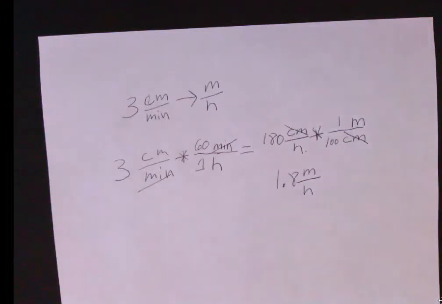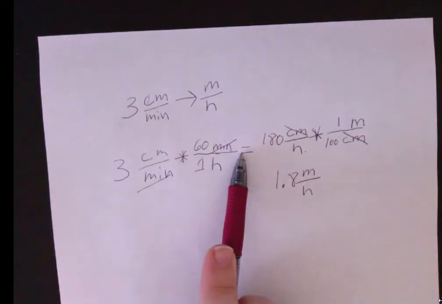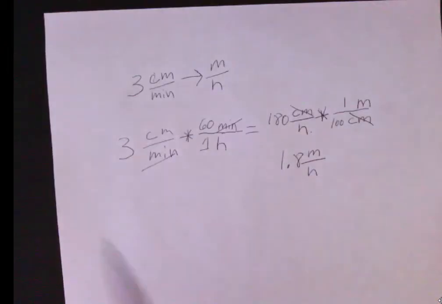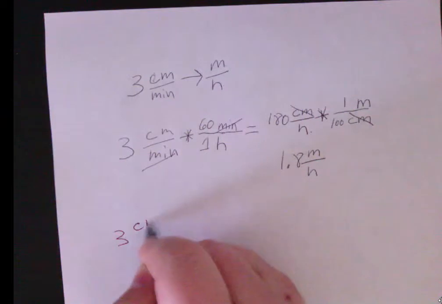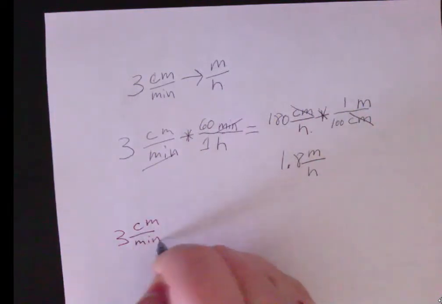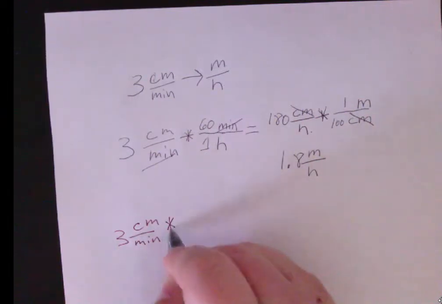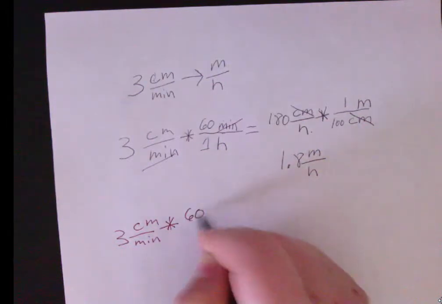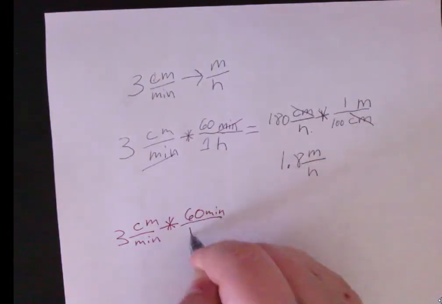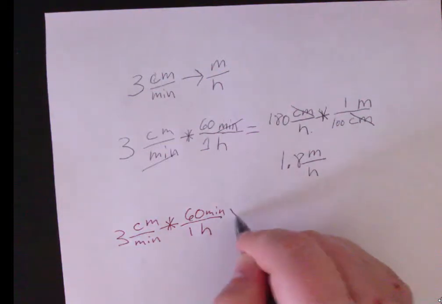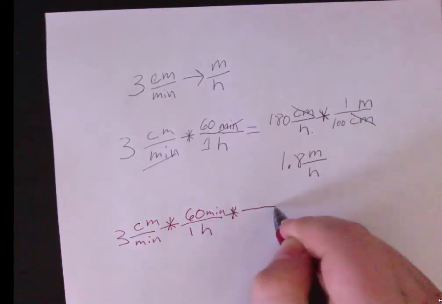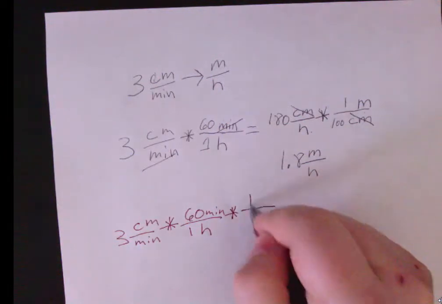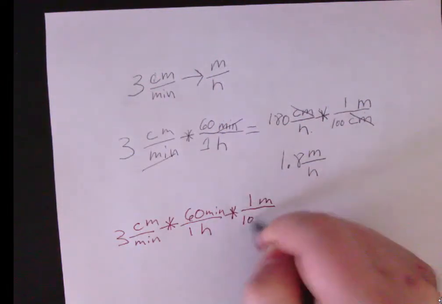Now there is another way that we can do that, or at least set it up differently. So what we can do, instead of breaking the step up, is write it as 3 centimeters per minute, put the multiplication sign and go to 60 minutes per 1 hour. We can do another multiplication sign and just go ahead and put right in that 1 meter over 100 centimeters.